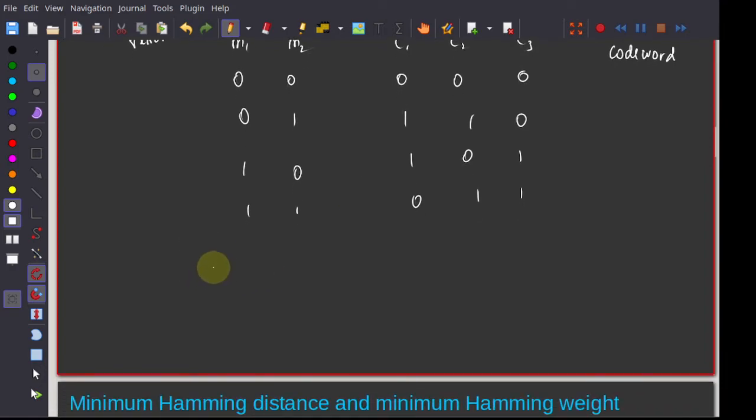So m times matrix G gives me the code word.